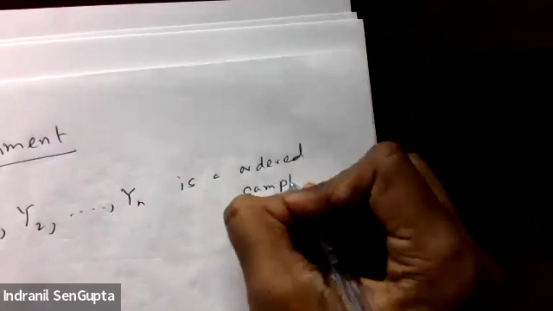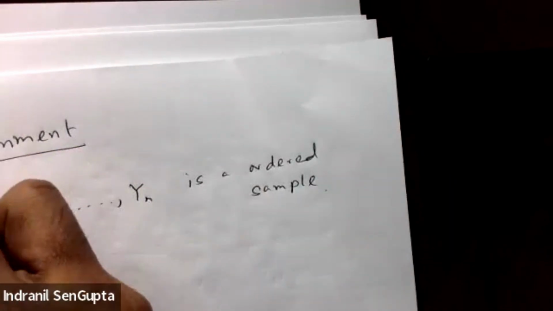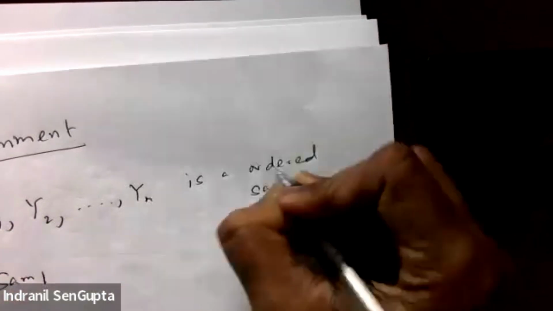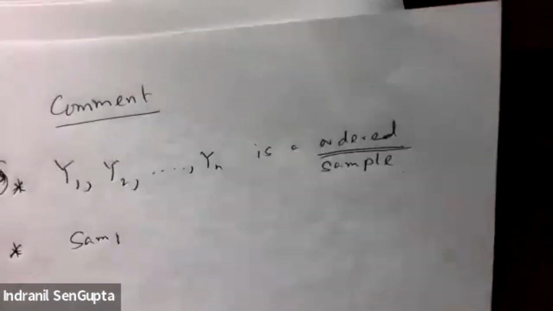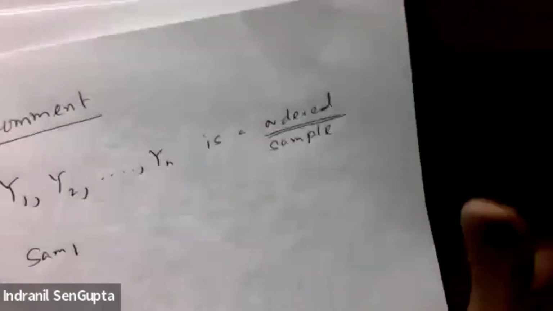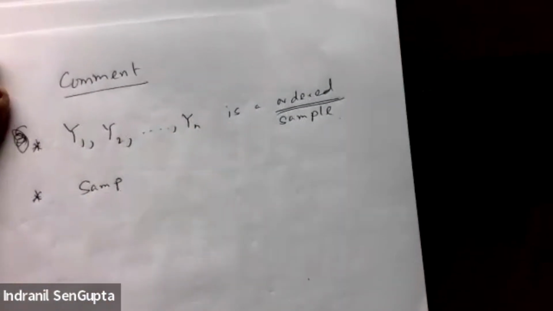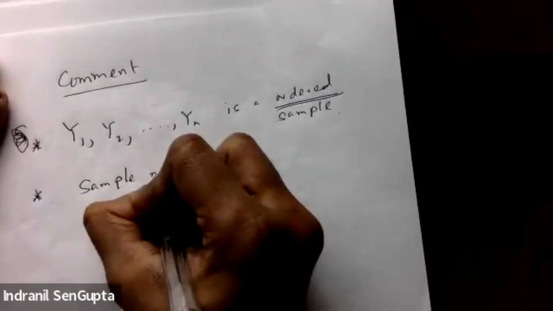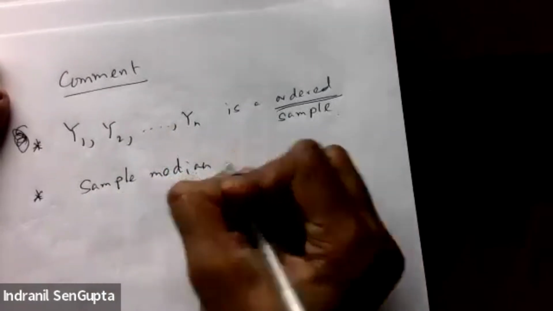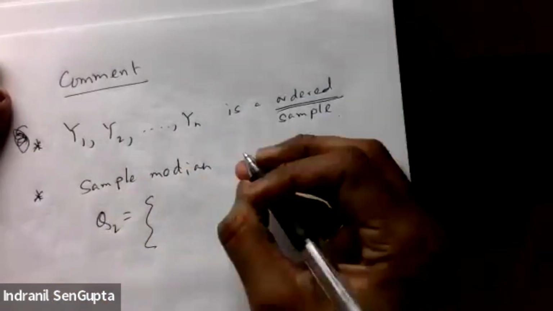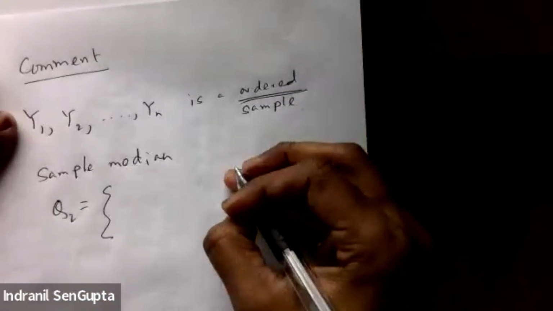Okay, so in this case we define the sample median. So this is the ordered sample, meaning that for the original sample, we just order it. Now, the sample median is given by Q2, which depends on whether n is even or odd.